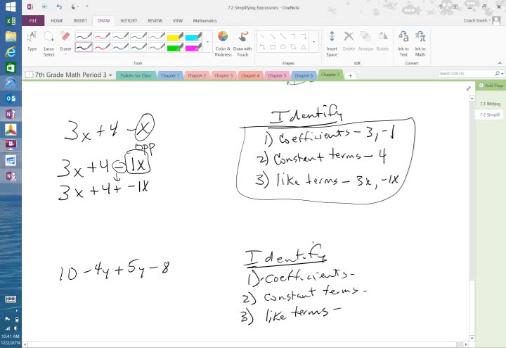But even in this process where you're identifying things, you must still, the first step's always got to be change subtraction to addition. That's always got to be the first step, whether you're simplifying it or you're just identifying parts to the problem.